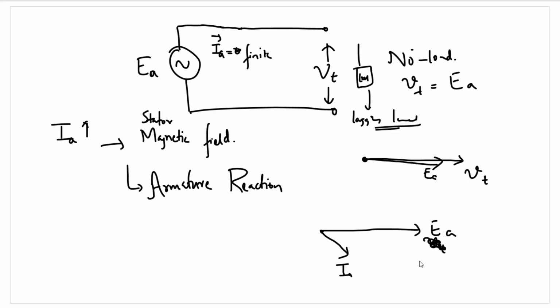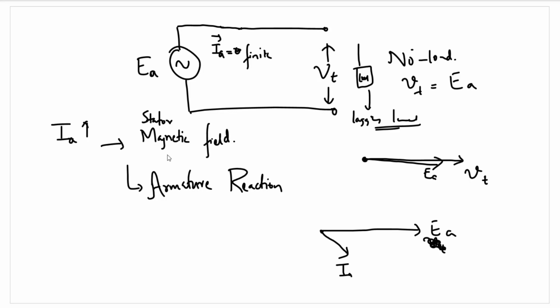Now Ia, as I said to you, is producing its own magnetic field. Depending upon the nature of current, that stator magnetic field will induce a voltage in the stator windings as well. Once you are loading the system, the current Ia flows in the armature. That current Ia produces a stator magnetic field.